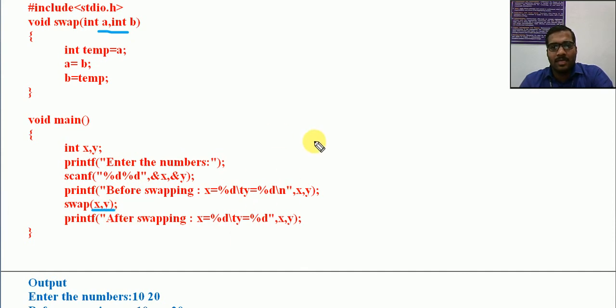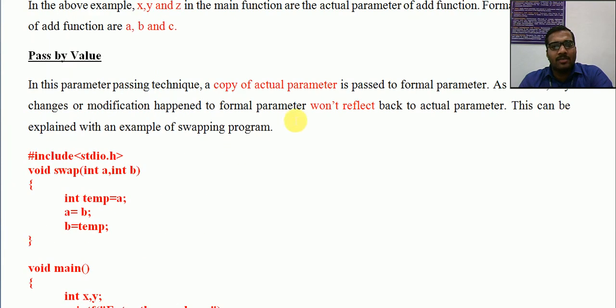Hope it is clear. Just read it clearly, try to work it out, and you will clearly understand what that copy is. Okay, so it was given in the previous heading, a copy of the actual parameter is passed to the formal parameter. Now just remember that is the problem with pass by value.